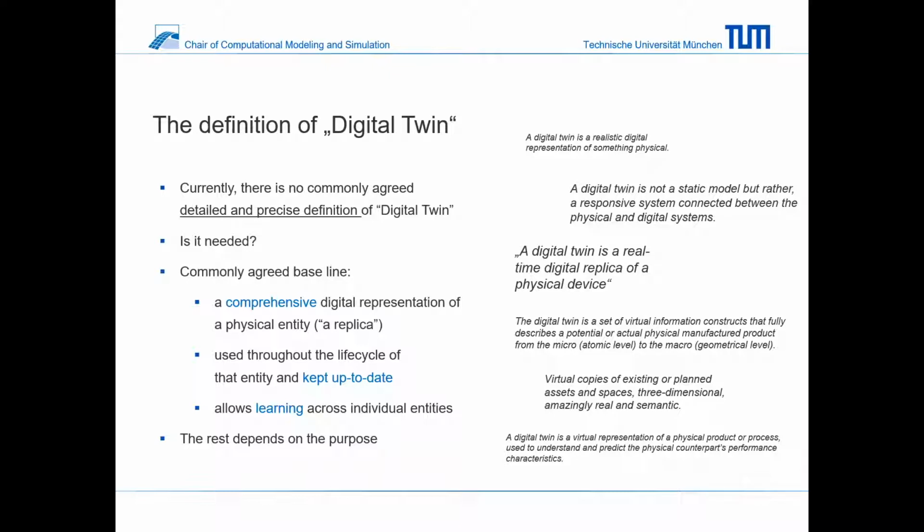All agree that it is used throughout the life cycle of the physical entity, and it must be kept up to date, so that's a key feature. And it should allow us to learn across the life cycle, and across different individual physical entities, about their behavior. The entire rest, all the details, really depends on the purpose of the digital twin.